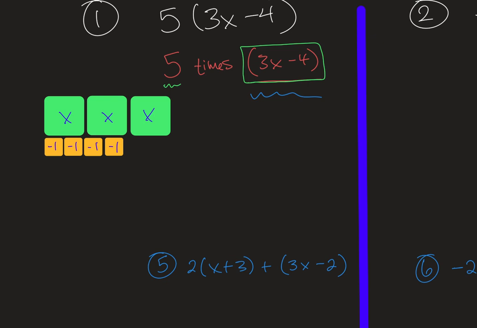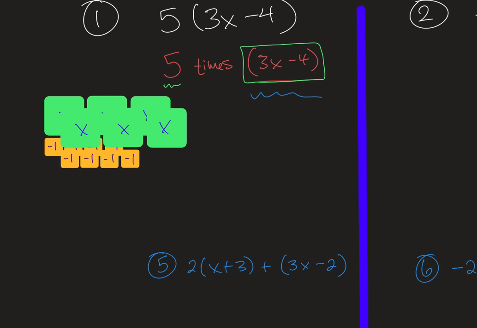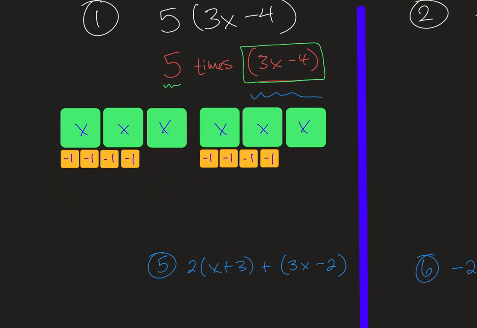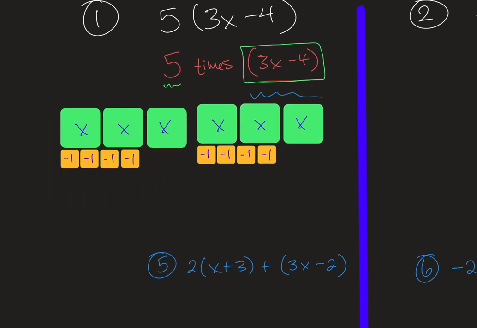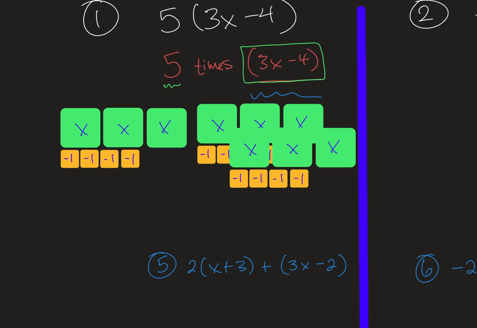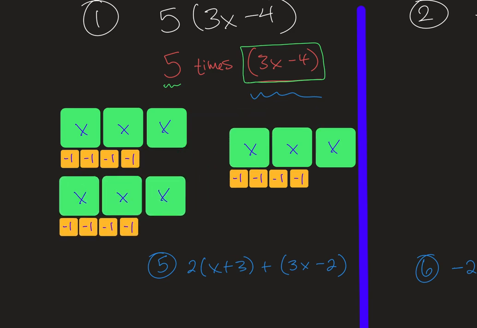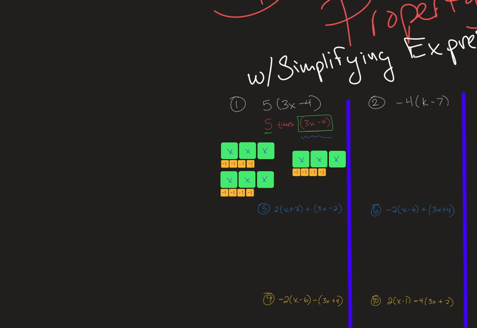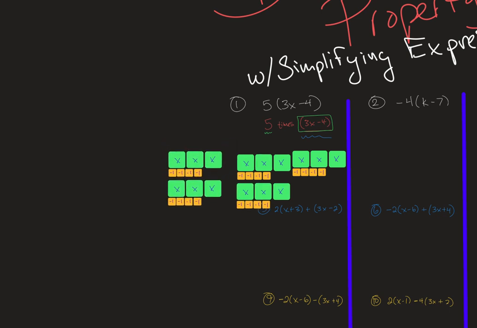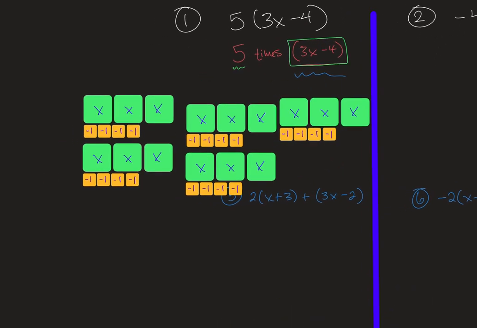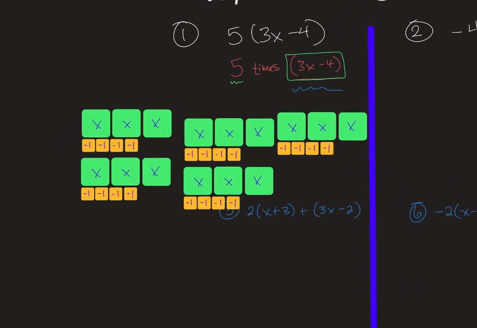So what's going on is if we were to duplicate this 5 times, okay, there's 1, 2, 3. Oh, I need to make some room. You know what? I can do it like this. Check it out. I now have 5 copies of 3x minus 4.